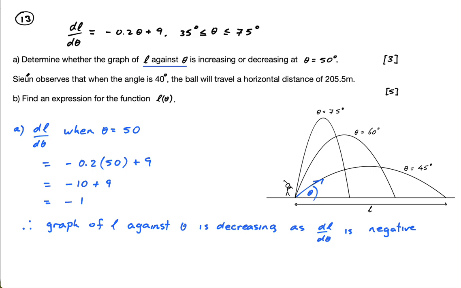Second part. Sion observes that when the angle is 40 degrees, the ball will travel a horizontal distance of 205.5 meters. So she's given us 2 bits of information here. Find an expression for the function L of theta. Probably the hard part of this question is realizing what type of question it is.